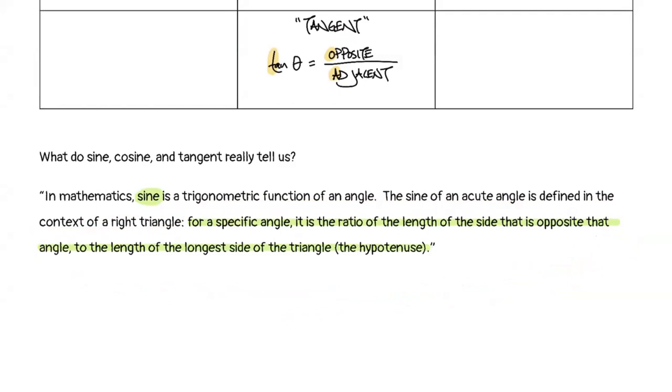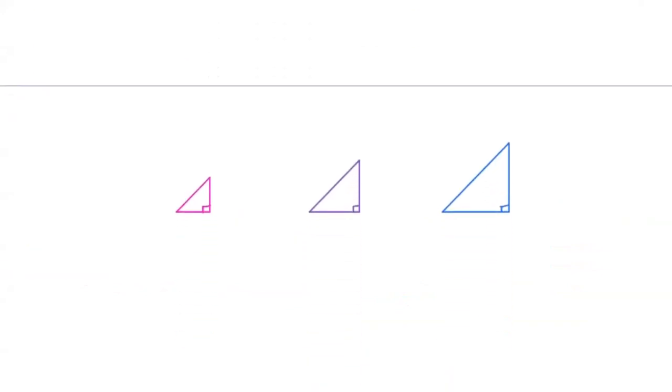All right, let's talk a little bit more about some special triangles. So I'm going to start here with my little homemade drawings. In this first diagram, these are isosceles right triangles.